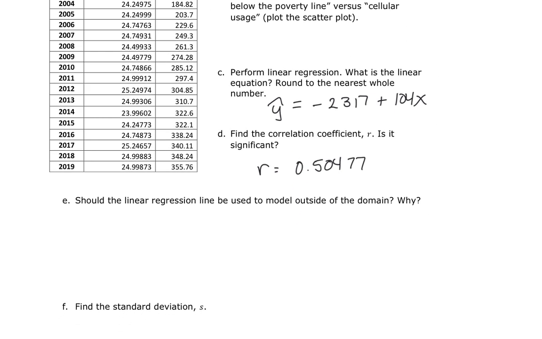So should the linear regression line be used to model any pieces of data outside of the domain, this domain where I've got these percentages, so from about 23 to about 25? Based on this being mild in my scatter plot, it may not be the best choice to use it outside of the domain.